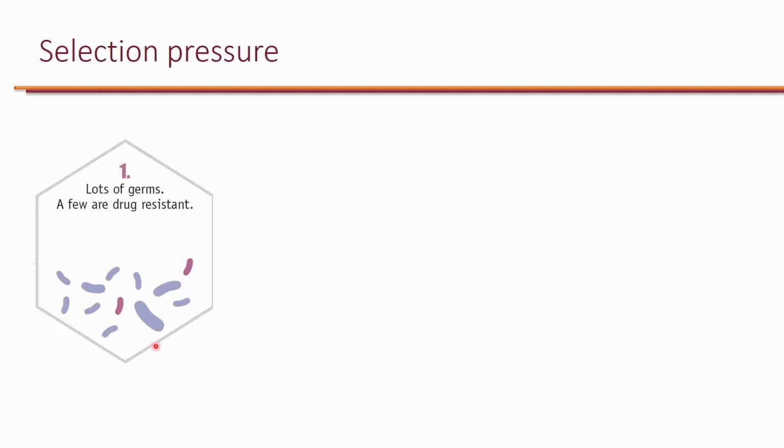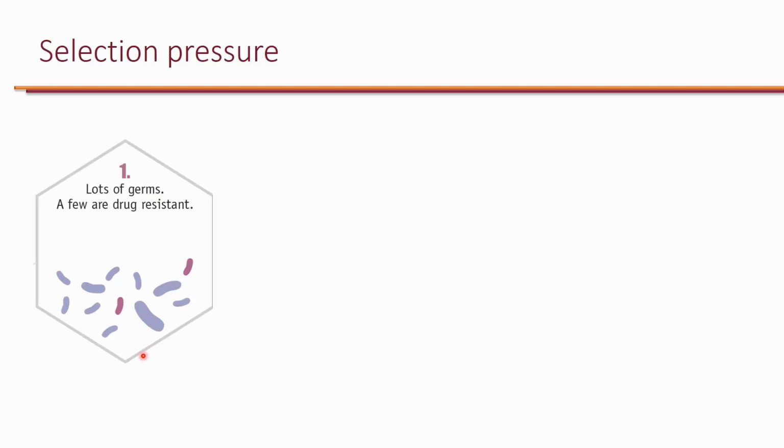Now, whether colonized or part of the normal flora, bacteria occasionally can have resistance genes. So let's say the red bacteria here are resistant to antibiotics and the blue ones are susceptible. Keep in mind that this is just part of the flora, not necessarily an infection.